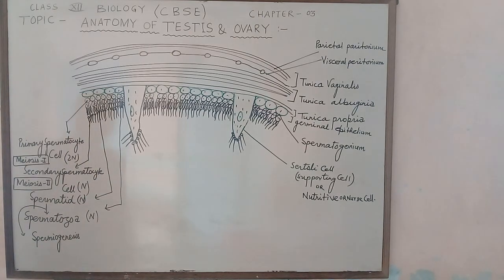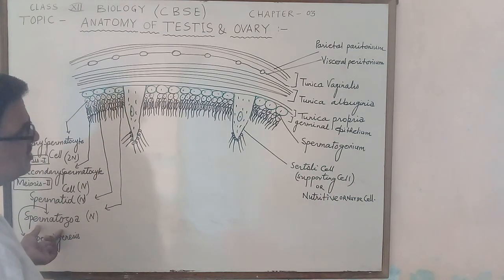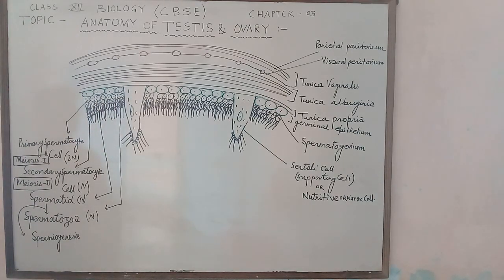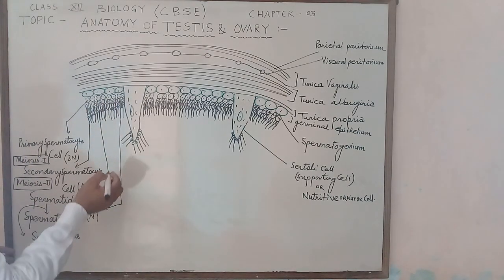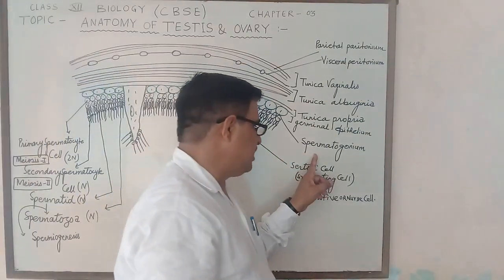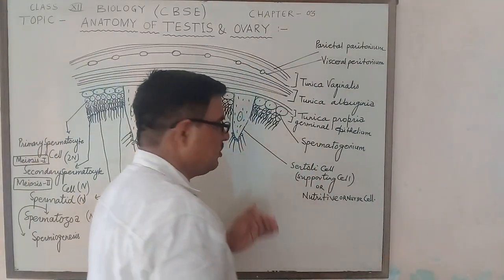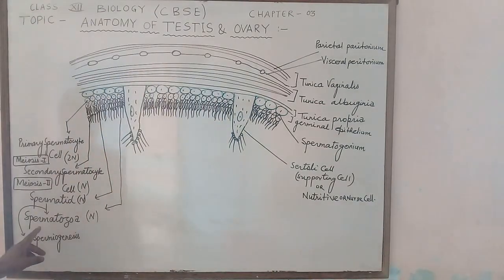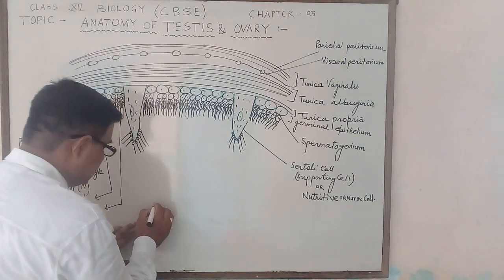And the production of spermatozoa by the spermatogonium cell, when this spermatogonium cell develops into spermatozoa, is called spermatogenesis.